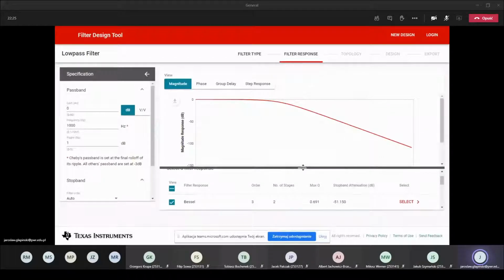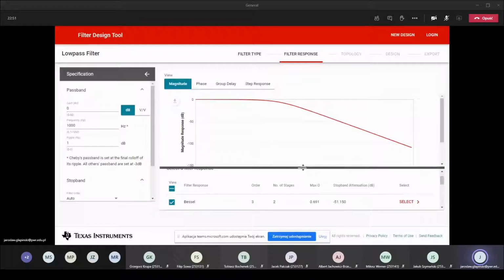In fact, I do use this one, but you can use tools from other vendors. This is a program, a tool called Filter Pro. It was designed by Texas Instruments, and you can use it online, because it's not a program, it's an internet tool.